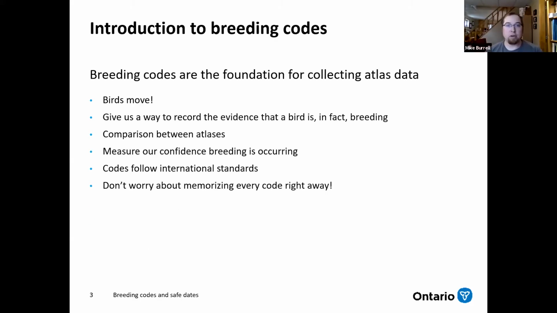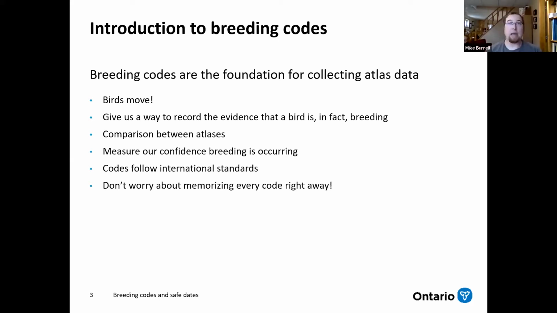Okay, so in terms of an intro to breeding codes, Mike already touched on them a fair bit in his presentation, but breeding codes are the foundation for how we collect atlas data. They're really important because birds are always moving, so we need some way to assess what the evidence is that that bird is in fact a breeding bird in that particular spot where it was recorded.